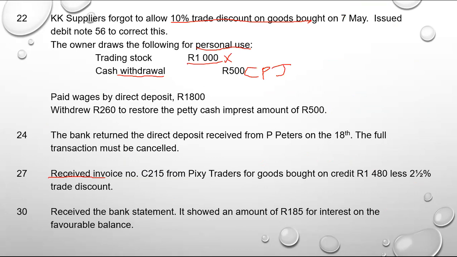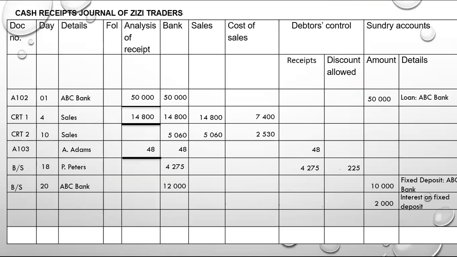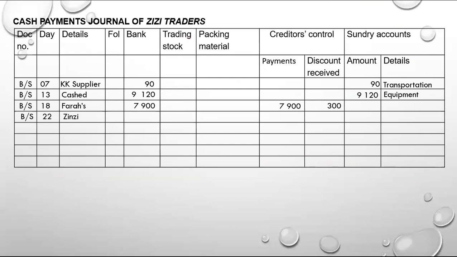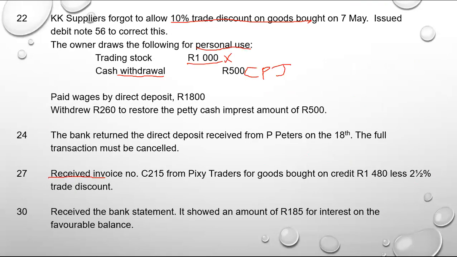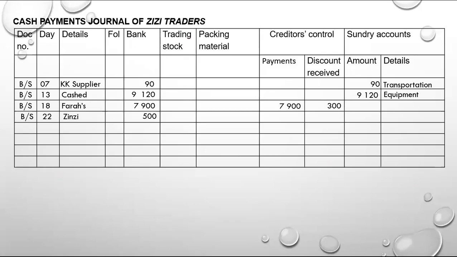It's because Zizi is actually the owner. And we're gonna have, was it 500? You see, I'm making sure. You must make sure, guys, that everything is correct. And then it goes under sundry because we don't have a column for drawings there.